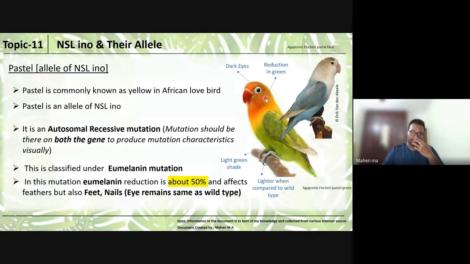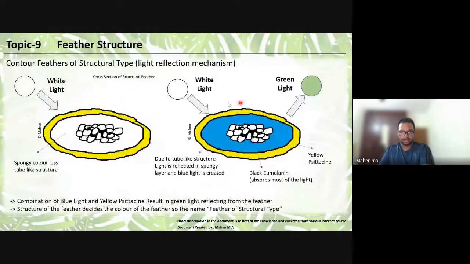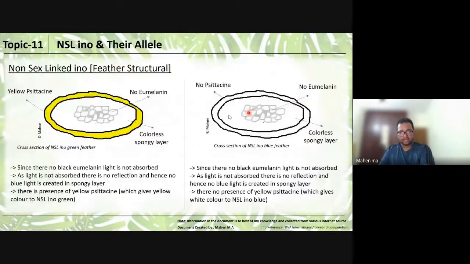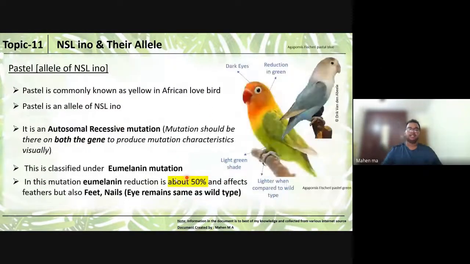So here we can see the eumelanin reduction, where the green is. So this is the green feather, right? There is 50% eumelanin reduction. In Ino, what you see is 99% eumelanin reduction, so there is nothing at all here. But in pastel, there is 50% reduction of eumelanins.